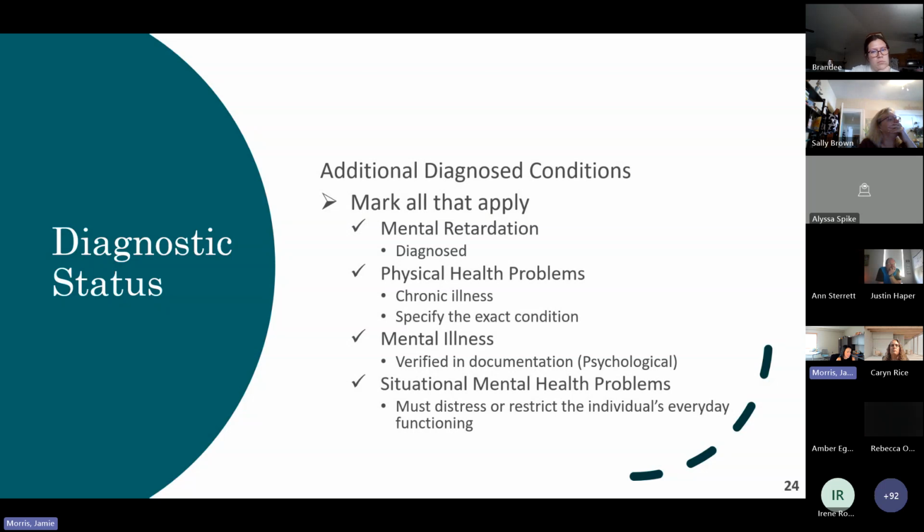Number 11 is the mental illness. This requires a formal diagnosis. Again, formal meaning that it was conducted by a qualified provider, and it is included in their documentation, and it is verified by you, whoever's completing this, that you've seen that documentation that verifies this. So this could be something like psychosis, schizophrenia, manic and depressive disorders.